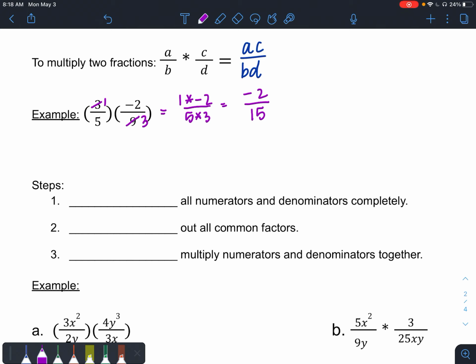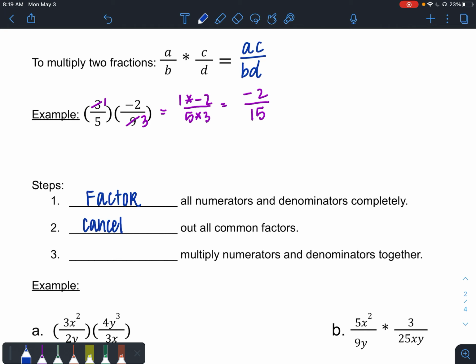Okay, here are our steps. First, we're going to factor all numerators and denominators completely. Then we're going to cancel out all common factors.